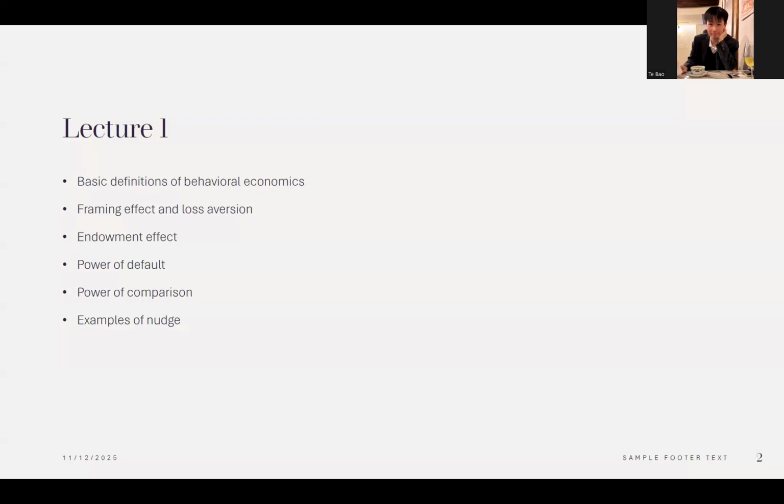Willingness to pay is the maximum price you're willing to pay for something. Willingness to accept is the minimum price at which you're willing to sell something. Normally, willingness to accept is bigger than willingness to pay. So for the same product, you think it is more valuable when you own it and are going to sell it, and less valuable when you don't own it and are supposed to buy it. That's the endowment effect.